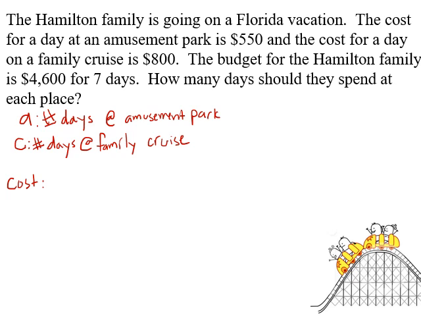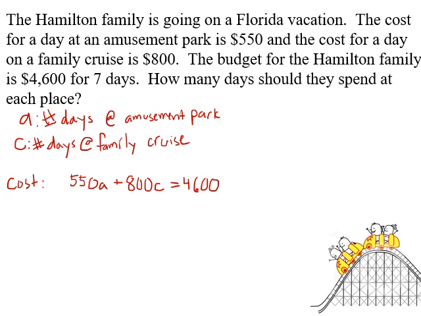So the cost for the amusement park would be $550 times A, the number of days. To get my total budget, I add 800 times the number of days on the cruise. And I know that the total money I can spend is $4,600. So there's my equation for the cost.